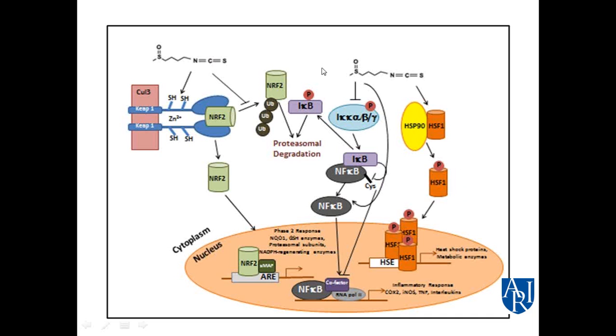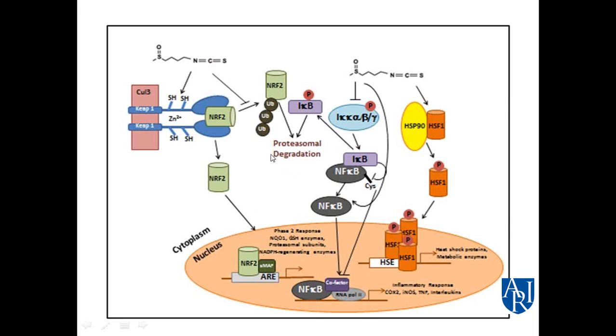Sulforaphane also regulates NF-kappa B. Remember we mentioned that this was an important gene in the immune system and its expression. And this pathway is the NRF2 pathway, in which it translocates, when stimulated, to the nucleus and affects gene transcription.